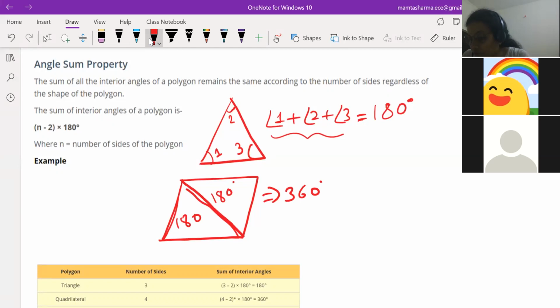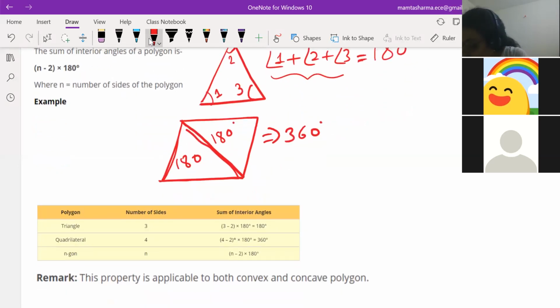This is a quadrilateral. If there is a pentagon, 1, 2, 3, 4, 5, what will be the angle sum of all interior angles? See, divide this pentagon into triangles.